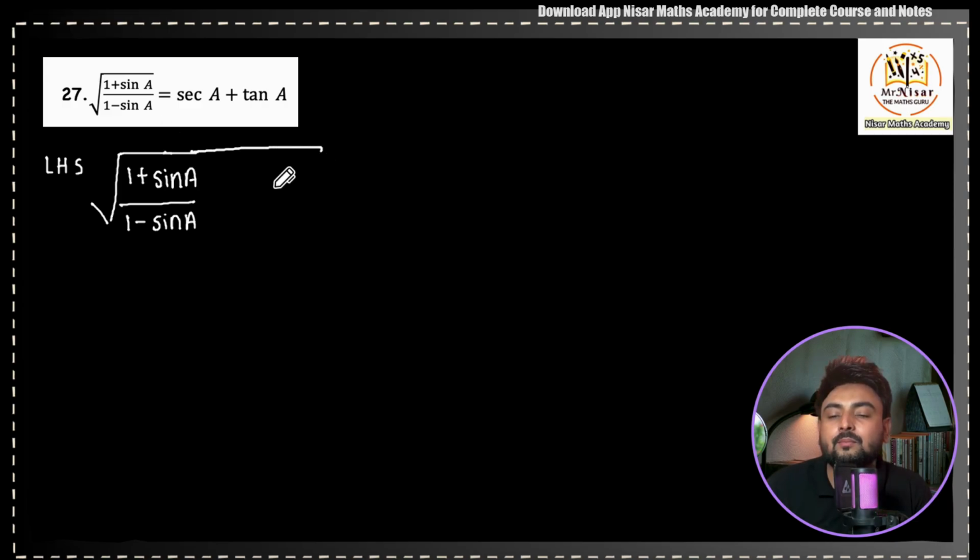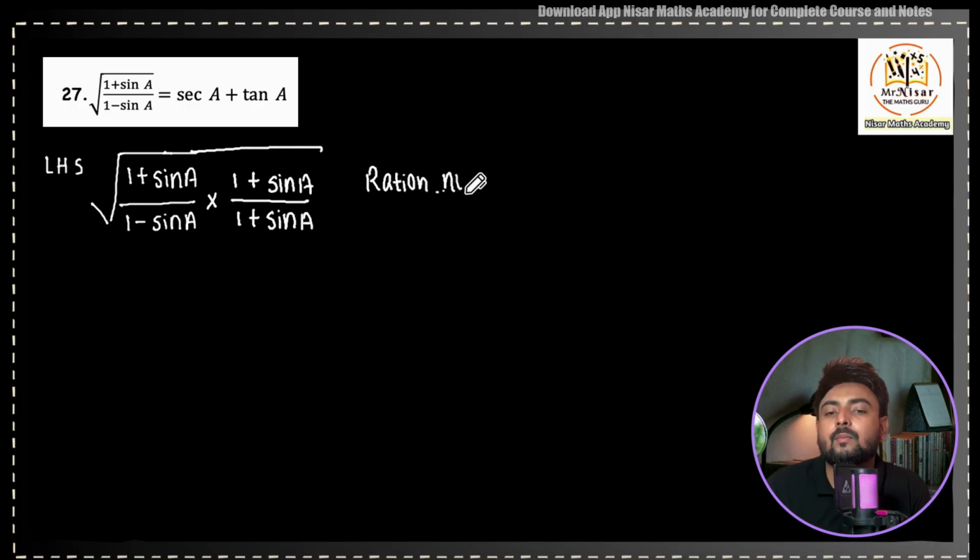Okay, see, maximum 90% of the time you have to rationalize the denominator only. In a few questions, by looking at the question, we have to understand that we have to rationalize the numerator. Rationalize the denominator.